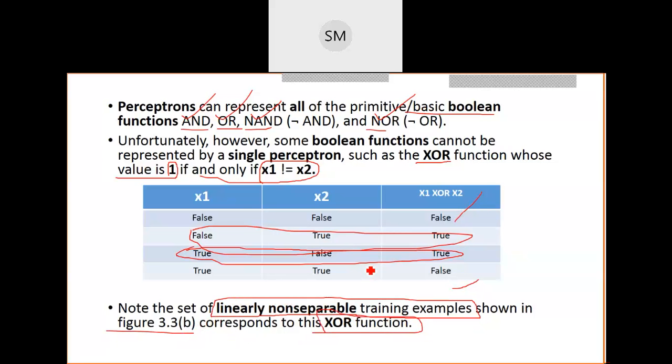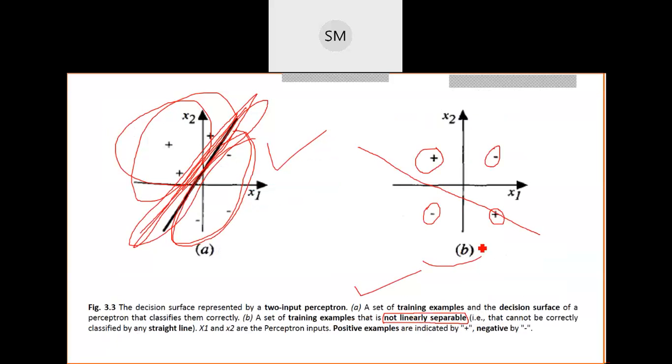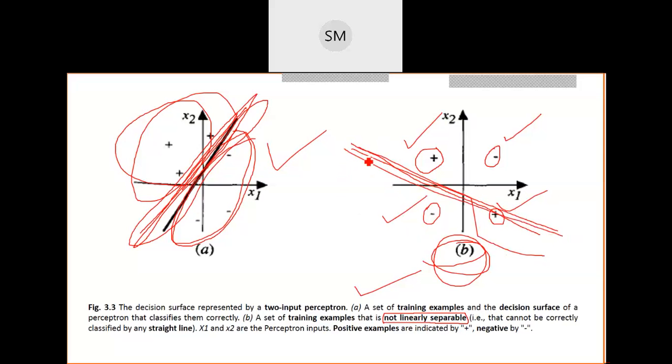In this figure, I'm talking about this diagram below. Whatever training examples are there, these correspond to the XOR operation. And here we cannot separate these positive and negative training examples with one straight line. We cannot make two partitions for these training examples.